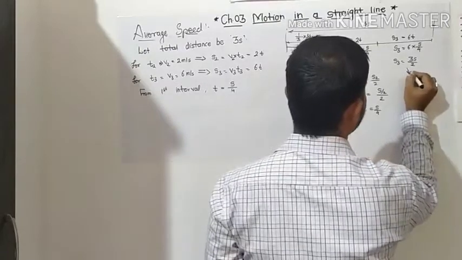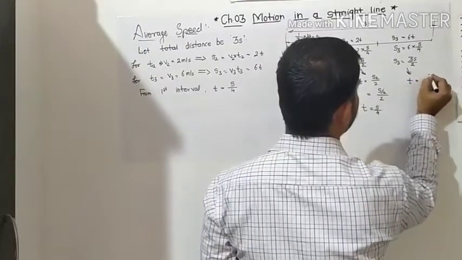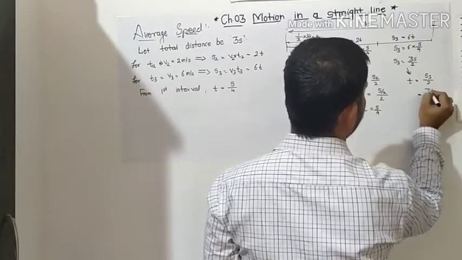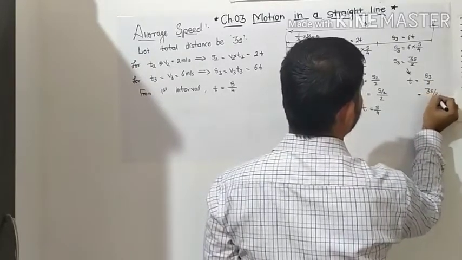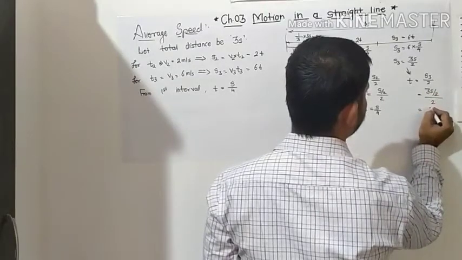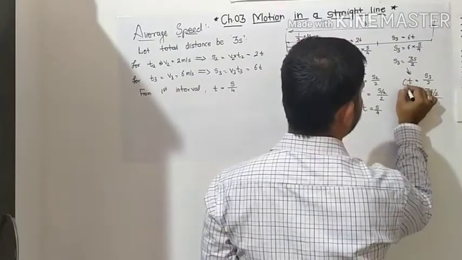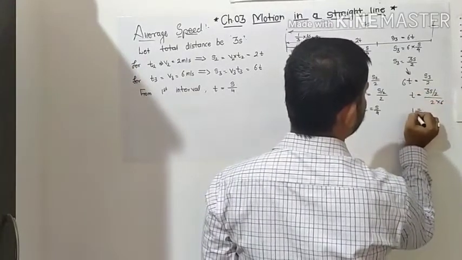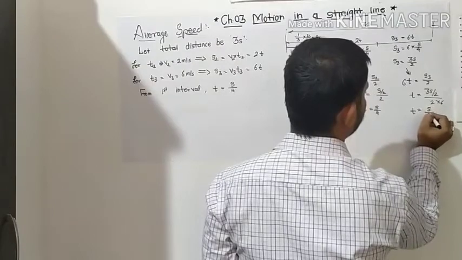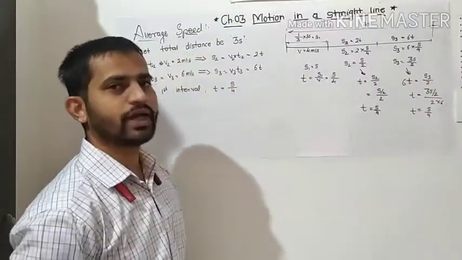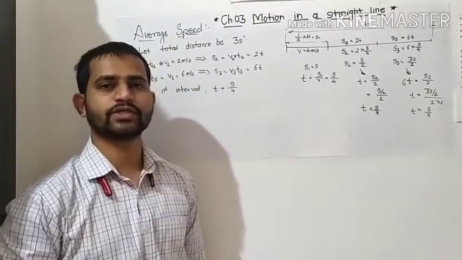Now for this we can write that t is equal to S3 upon 6, so it will be equal to thrice s upon 2 upon 6, so t is equal to s upon 4. Okay, so if we look at this, we come to know that we are having the same time intervals here.